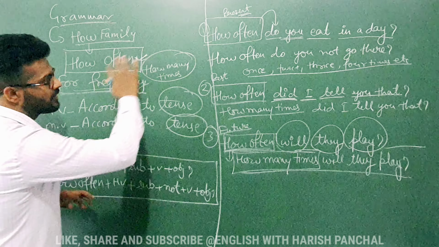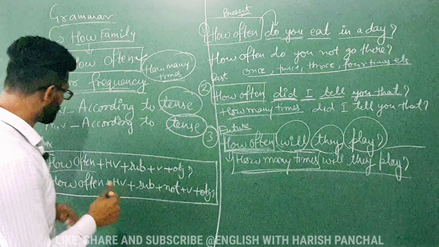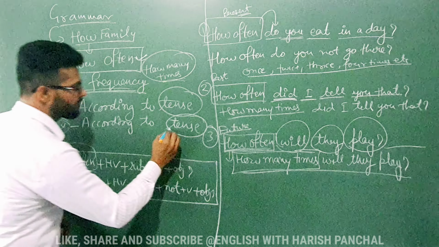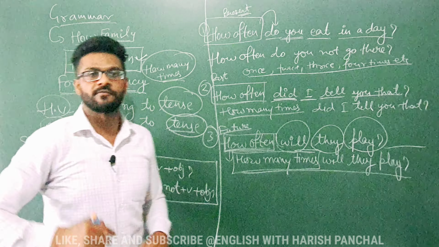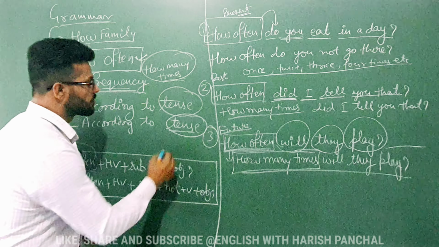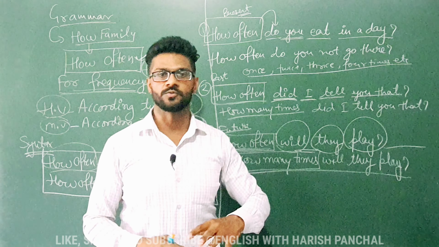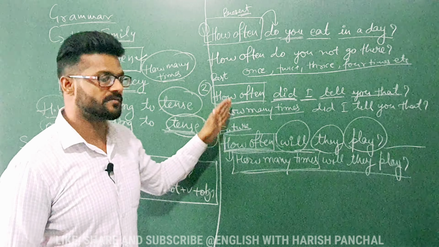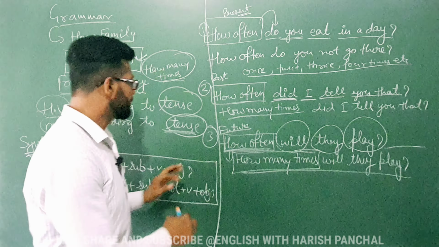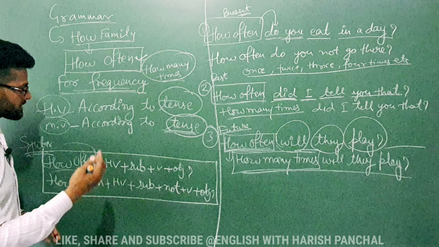If you have to speak about how many times you do any kind of work, you can use how often there. As the helping verb and main verb, we have to use the tenses, because earlier we completed tenses, and after that we did the WH family and now the how family is going on. If you use all 12 tenses and make sentences with the how family, how often, how many and how much, your tenses will be revised automatically, and you will learn tenses easily.